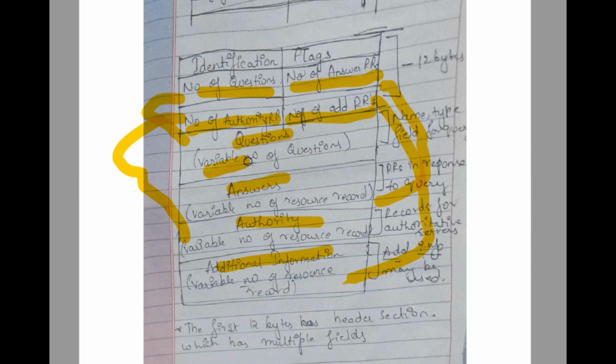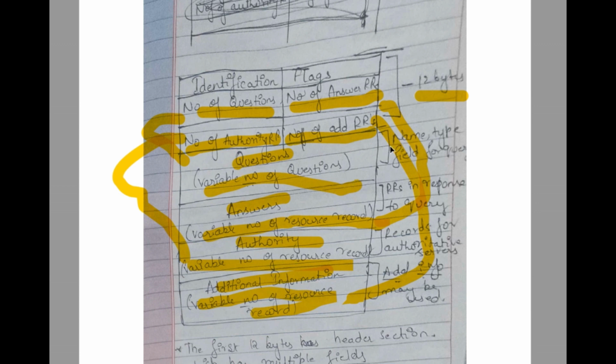You focus here: variable number of questions, variable number of resource records, variable number of resource records, a variable number of resource records. All three are the same. The first one is a variable number of questions. So here it is 12 bytes.